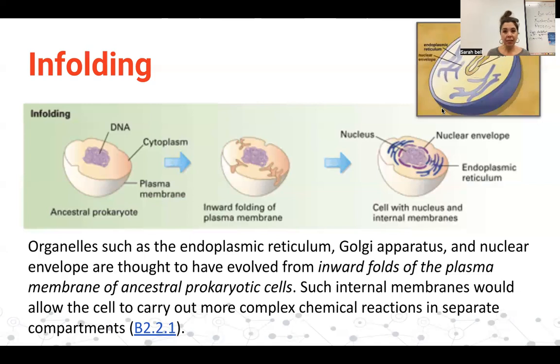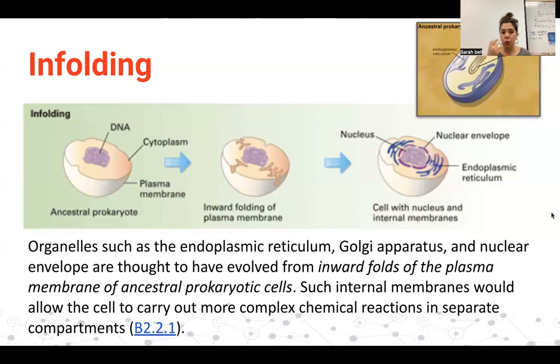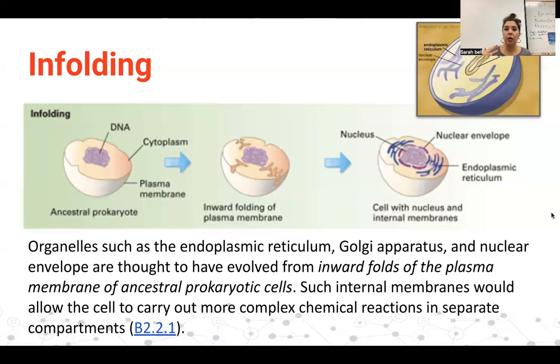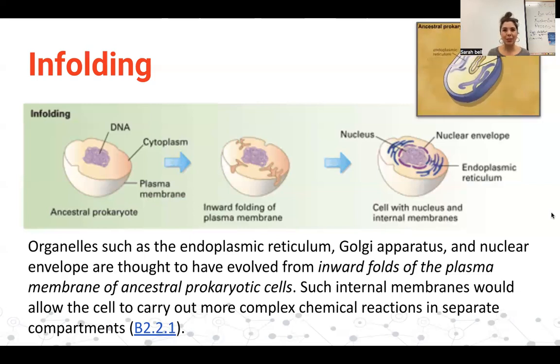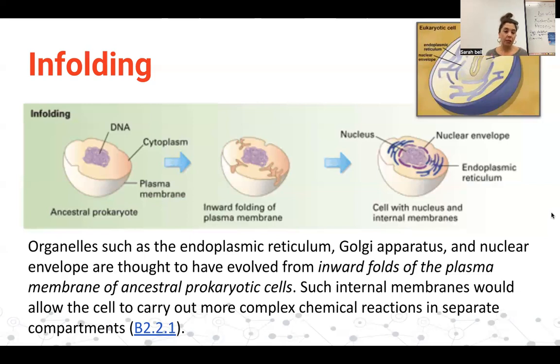So that's the gist of infolding. We think these internal membranes allowed the cell to carry out more and more complex reactions in separate compartments via compartmentalization, which is one of the things we've talked about. Once again, things like the endoplasmic reticulum are basically just folded cell membrane, right? Same thing with the Golgi apparatus, folded cell membrane. So hopefully this process of infolding makes sense.